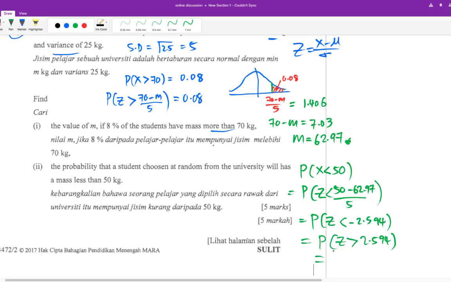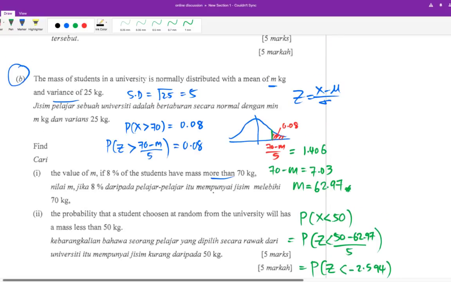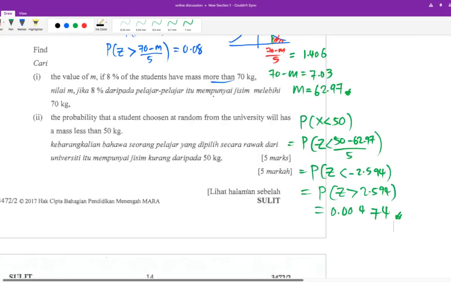There are too many zeros here. The answer here is 0.00474. I am not sure my answer is correct or not, so now I am checking my answer, but I hope it is correct. This is question number 9, which is correct.